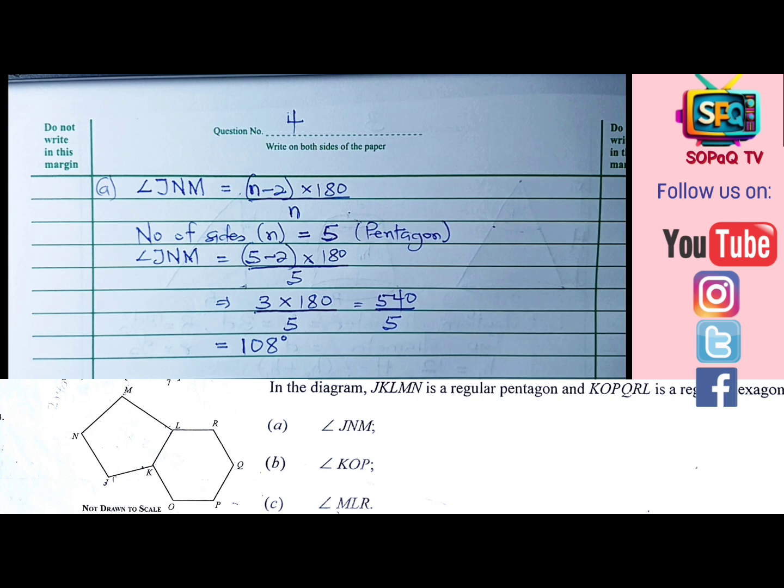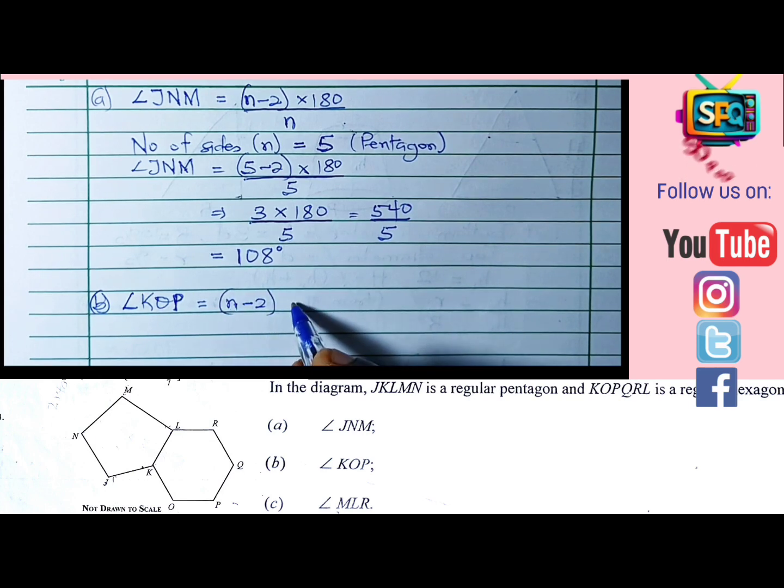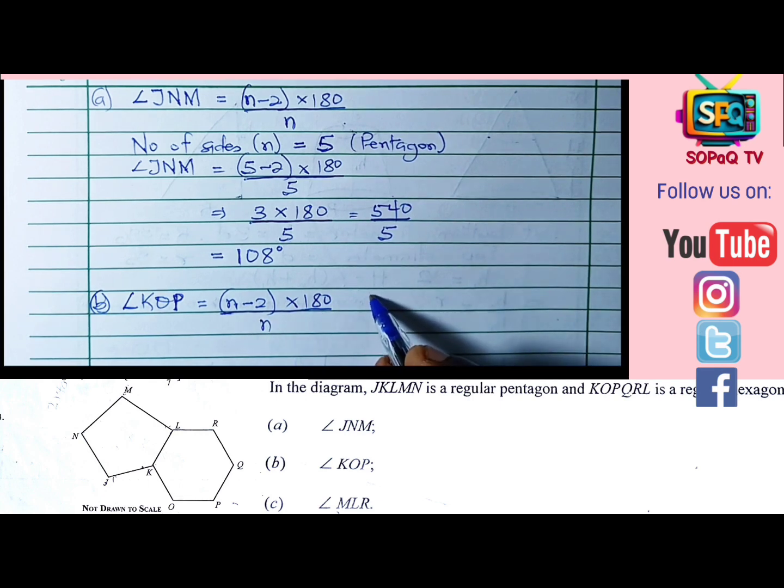And the B part, the B says we have to find the interior angle of KOP. KOP is also an interior angle, n minus 2 times 180 all on n, of a hexagon.